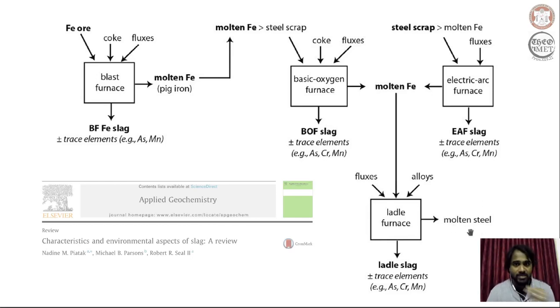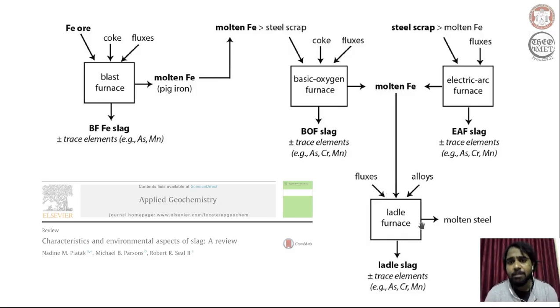So the output of the blast furnace is further treated in the steel making process, which is schematically shown here, wherein the pig iron is converted into steel, and of course we are adding flux when we want to refine the iron, and all the impurities in the iron get collected as slag. Now this slag is different from the blast furnace slag, so this is referred to as the steel slag.